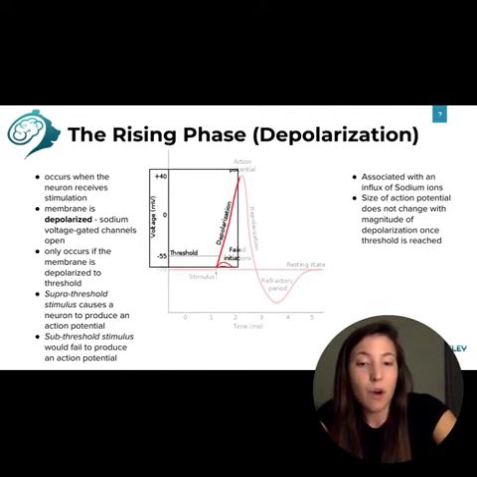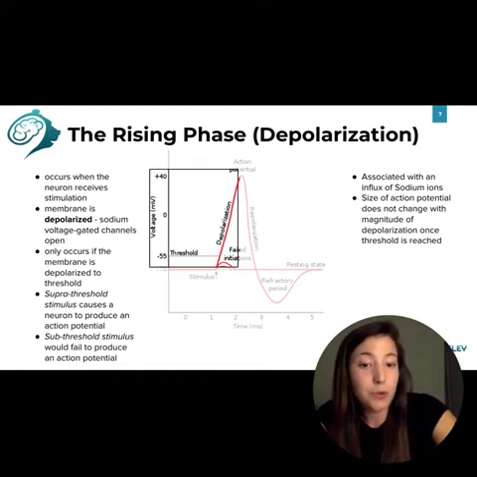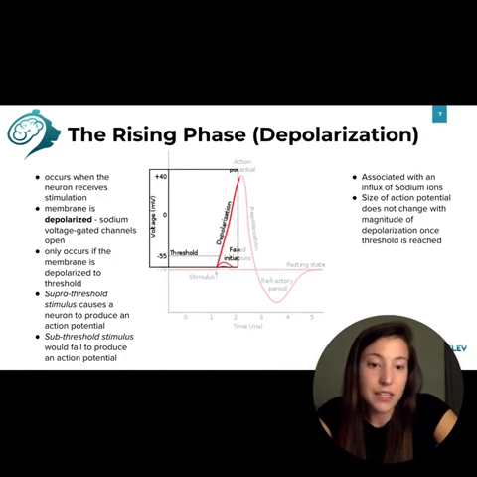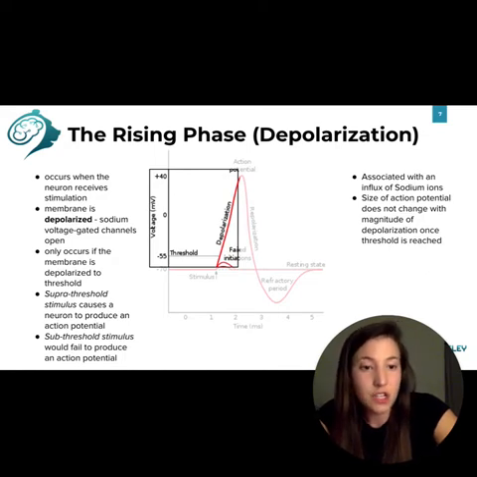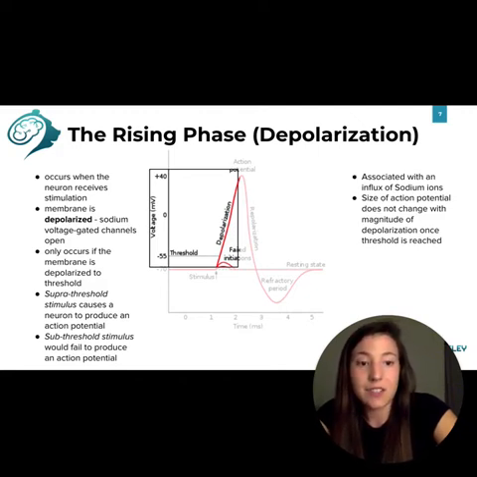And so, obviously, in order for an action potential to occur, there has to be a suprathreshold stimulus. And then when there is a subthreshold stimulus, an action potential does not occur. And you can see that in the failed initiation. The ions that move into the axon are sodium ions. And again, the size of the action potential does not change with the magnitude of depolarization.